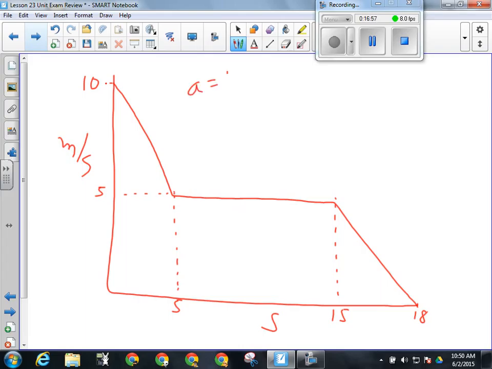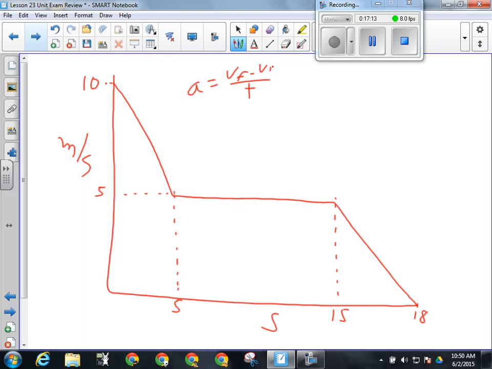I've got a formula that says do this, and I could do that for this section of the graph. Now, if the graph was a bunch of points and I had to draw a best fit line, then I wouldn't be able to do that. I would have to then find what? The slope of the line, because that's where that formula comes from.